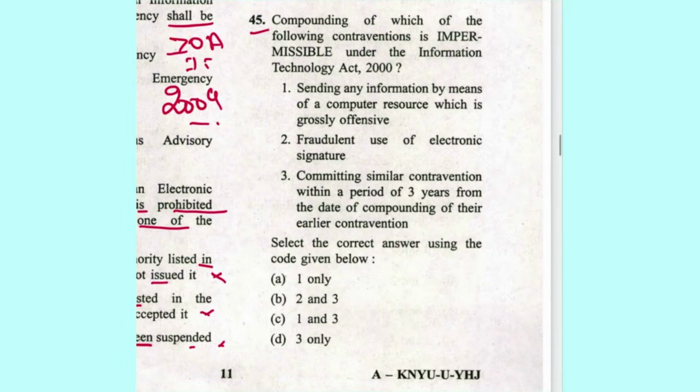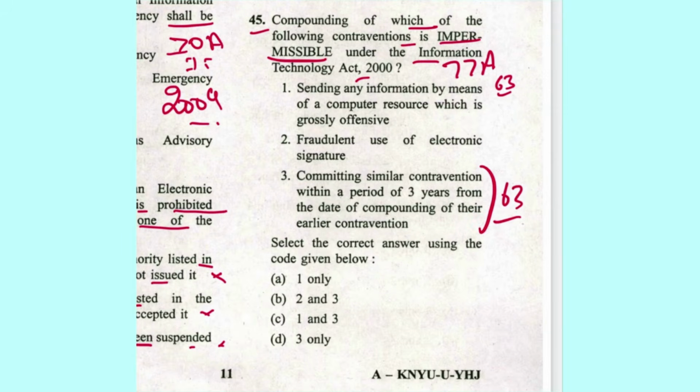Next is 45. Compounding of which of the following contravention is impermissible under IT Act. So compounding of offences is mentioned in section 77A of IT Act, and you must also refer to section 63 for compounding of contraventions. So this is mentioned in section 63, and in 77 it is mentioned that any offence with punishment of 3 years and above cannot be compounded.